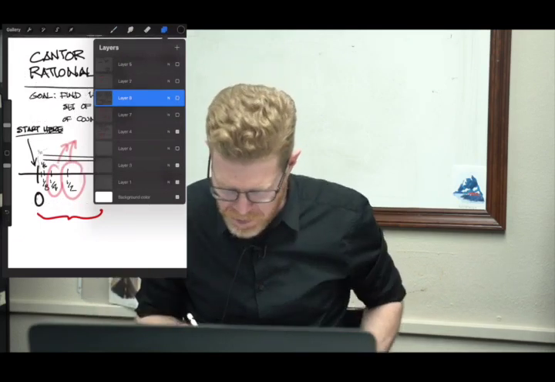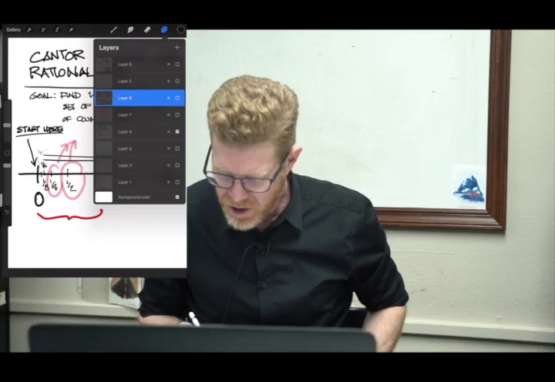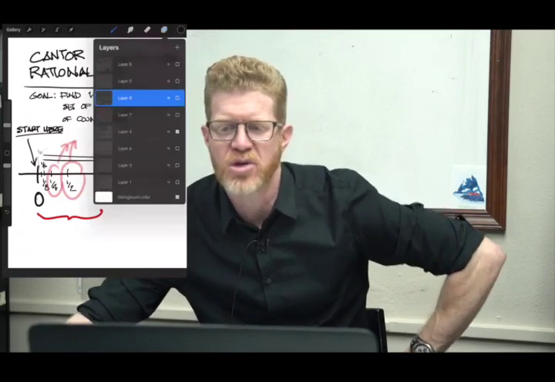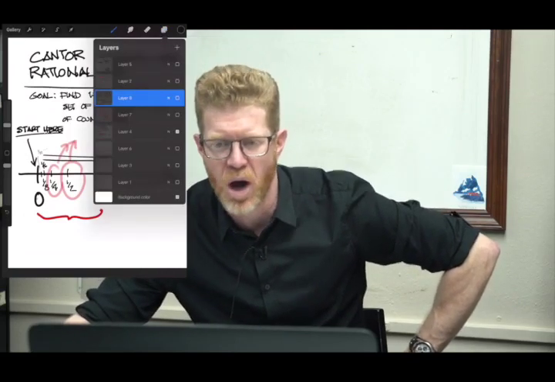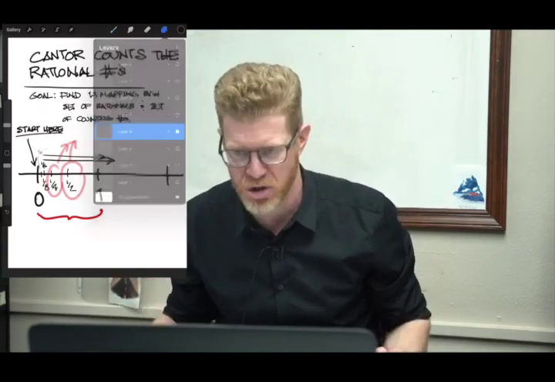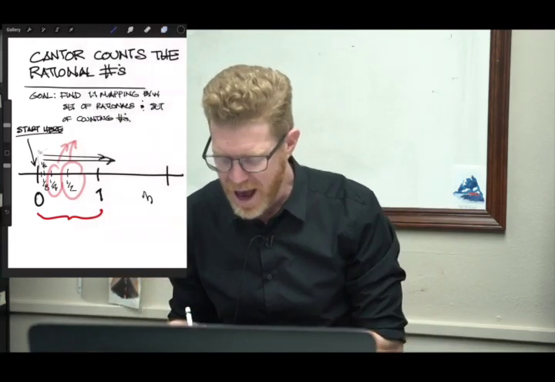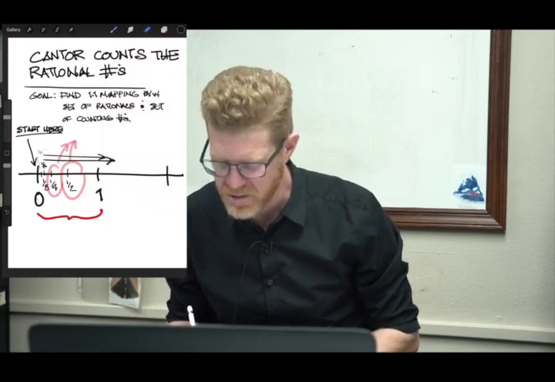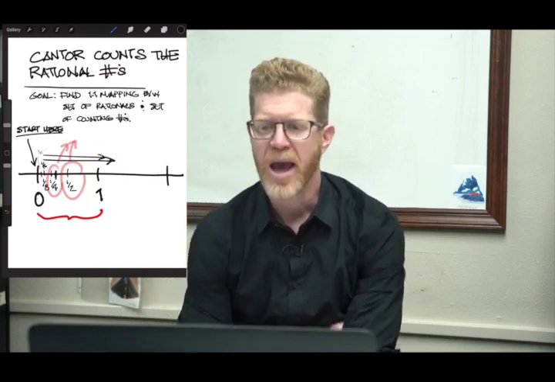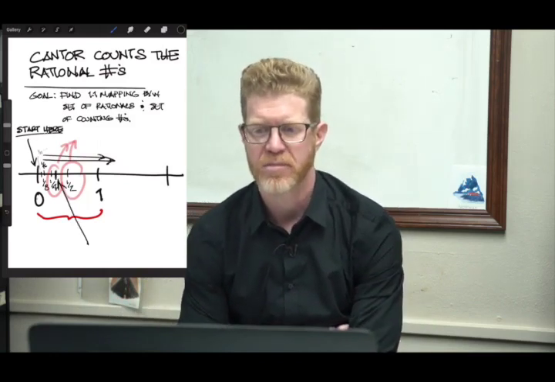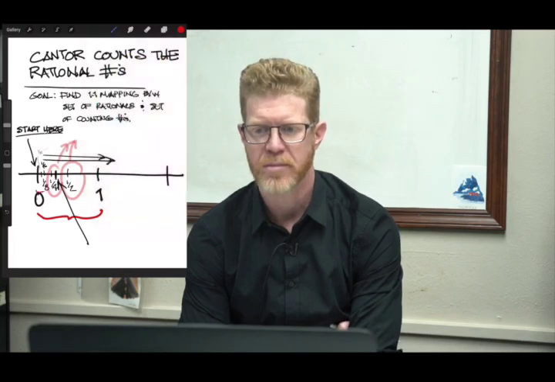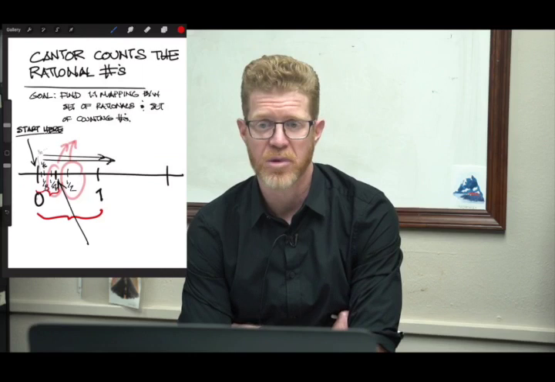So, just backing up, the number of rationals in between 0 and 1 is so unbelievably large. But how many counting numbers do I have in this segment, between 0 and 1, and let's include 0 and 1? 2, right? I've got 2 counting numbers.